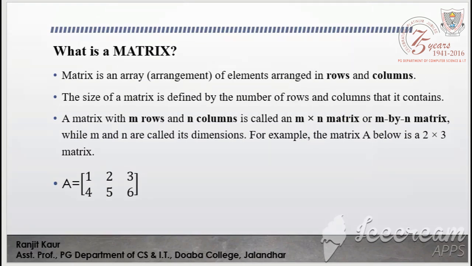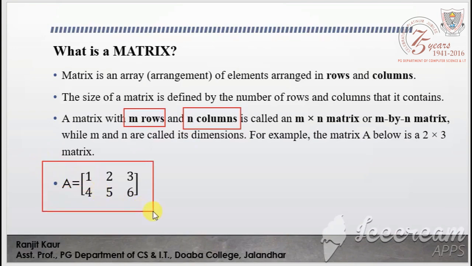The rows of a matrix can be denoted by the letter M and the columns of a matrix can be denoted by the letter N. Now let's see a very simple example of a matrix. As you can see over here, we have a matrix A, and this matrix has elements 1, 2, 3, 4, 5 and 6.